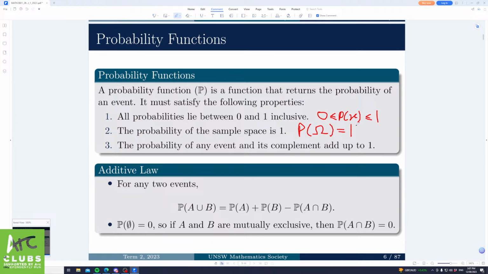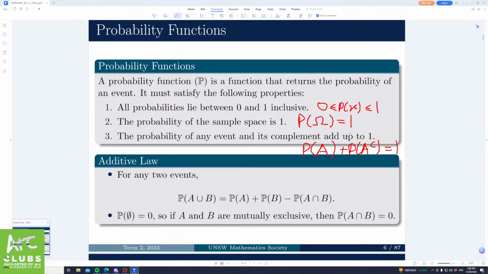And finally, the probability of any event and its complement add up to 1. So we have the probability of some event A plus the probability of A C, which is its complement, is always going to be 1.